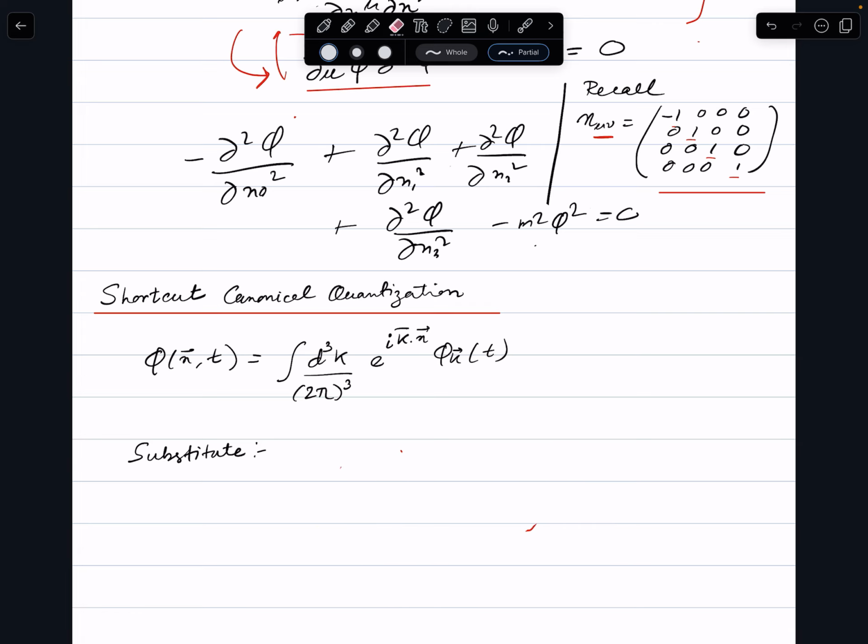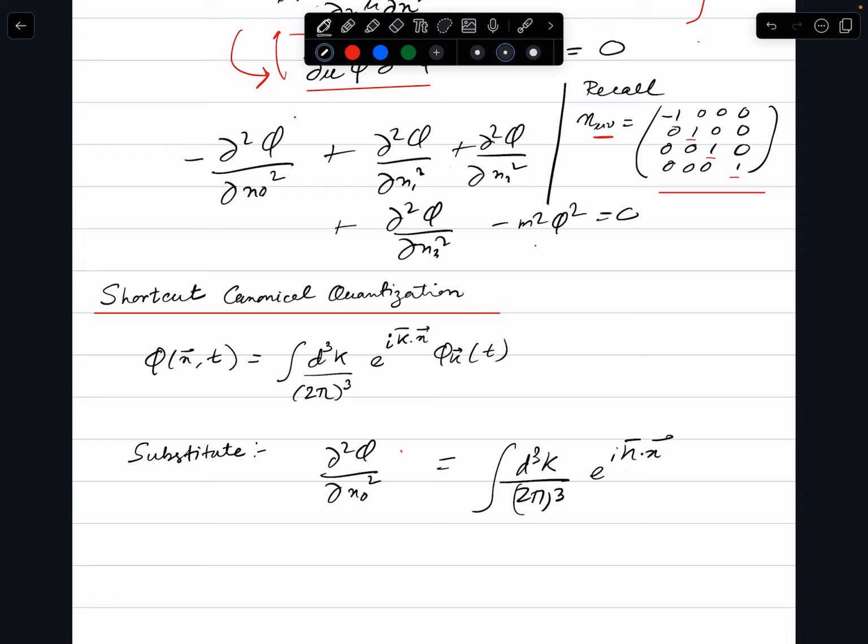So now, for example, let's take derivatives here. First of all, del 2 phi del x naught 2, and here you can see that the only time dependence is in this phi k part, so this will become del 2 phi k del x naught 2.